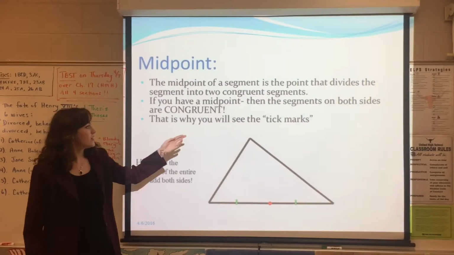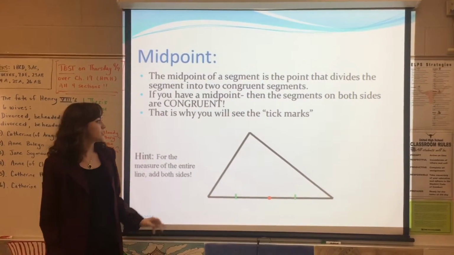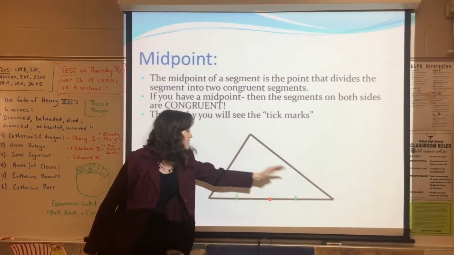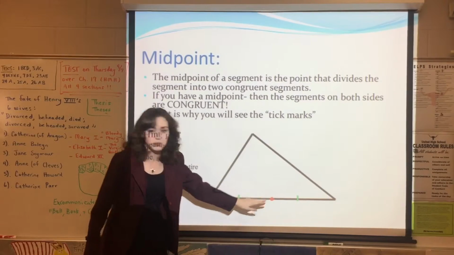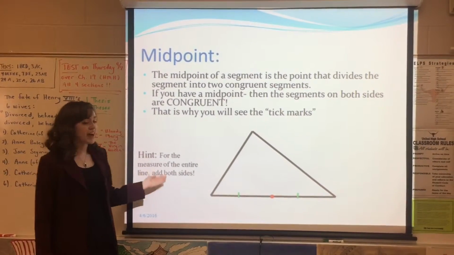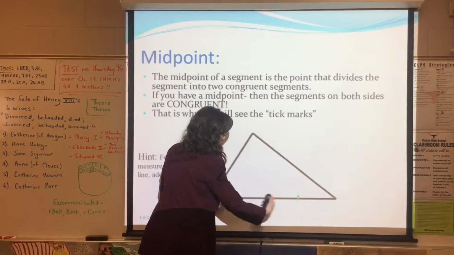If you have a midpoint, then the segments on both sides are congruent. That is why you will see the tick marks here, showing that this side is congruent to this side, and this being the midpoint. It says hint: for the measure of the entire line, add both sides. So if you want to measure from here to here, you just add this plus this.